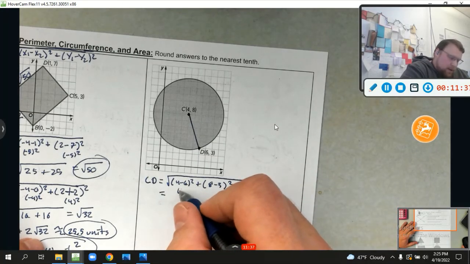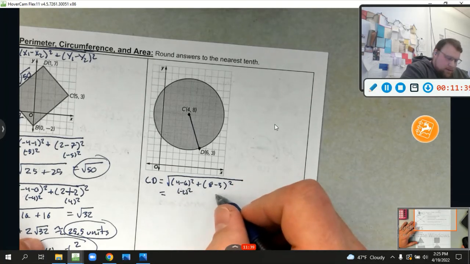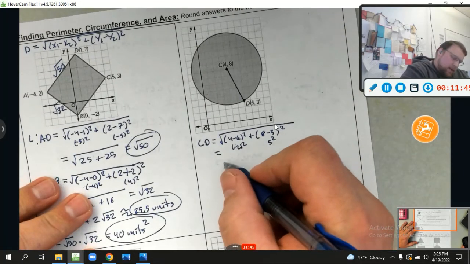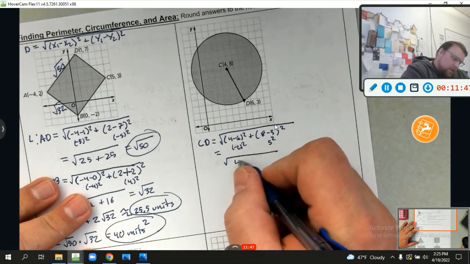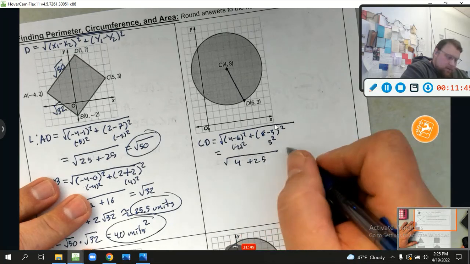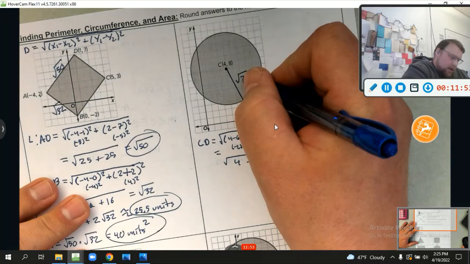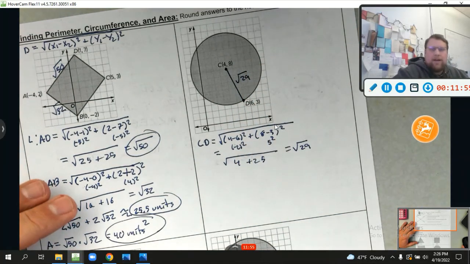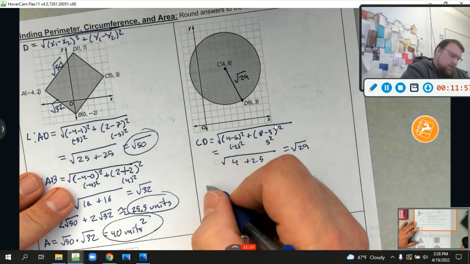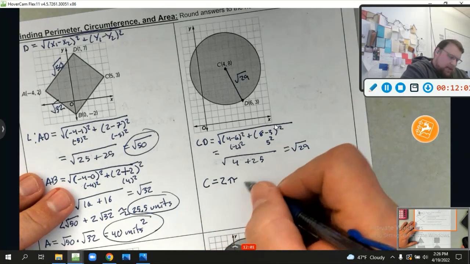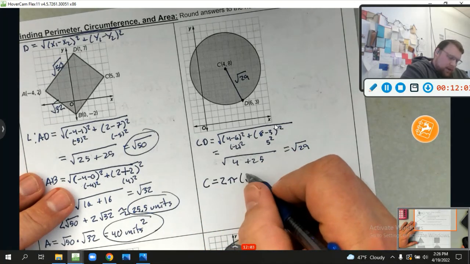This is going to be negative 2 squared, and this is going to be 5 squared. So it equals the square root of 4 plus 25, which equals the square root of 29. That's all I need. Now I can find everything I need. So to find my circumference, it equals 2 times pi times the square root of 29.